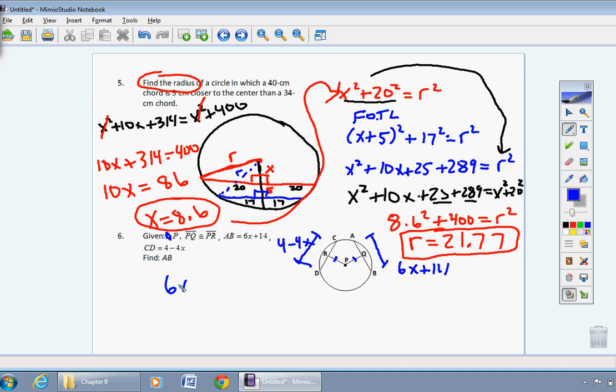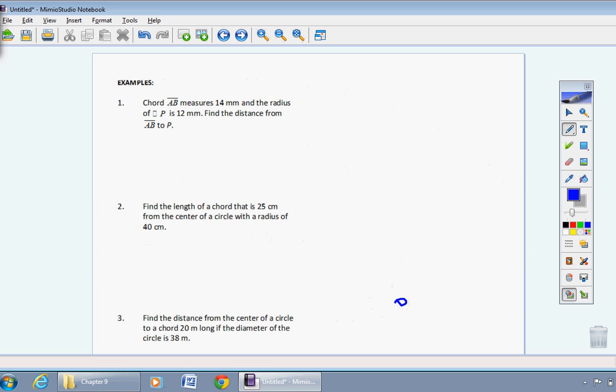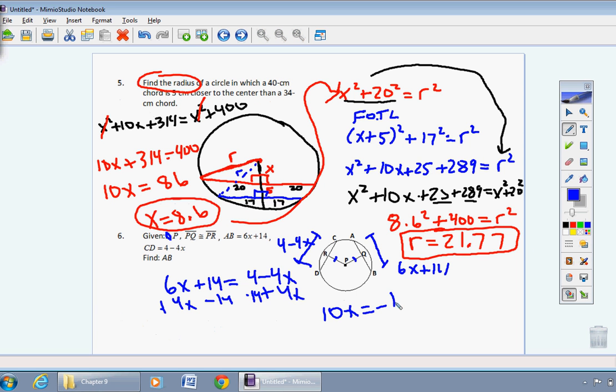So I can go ahead and set up the equation. 6x plus 14 is equal to 4 minus 4x. And now I can solve. Add 4x to both sides and subtract 14. We're going to get 10x is equal to negative 10, which means x is equal to negative 1.